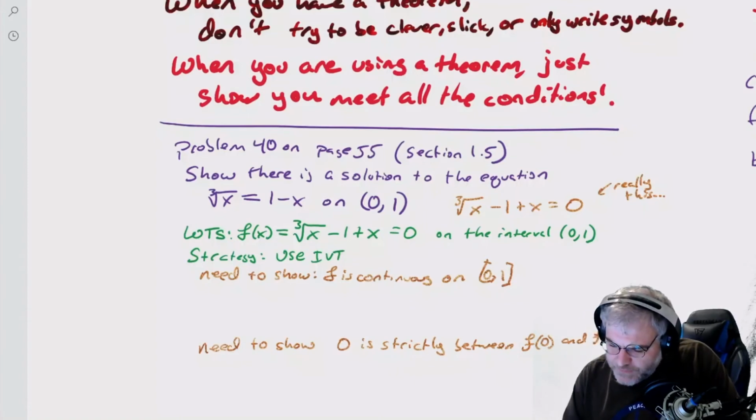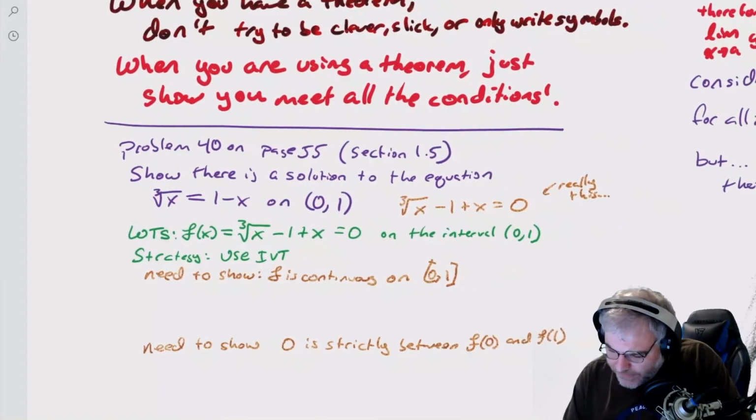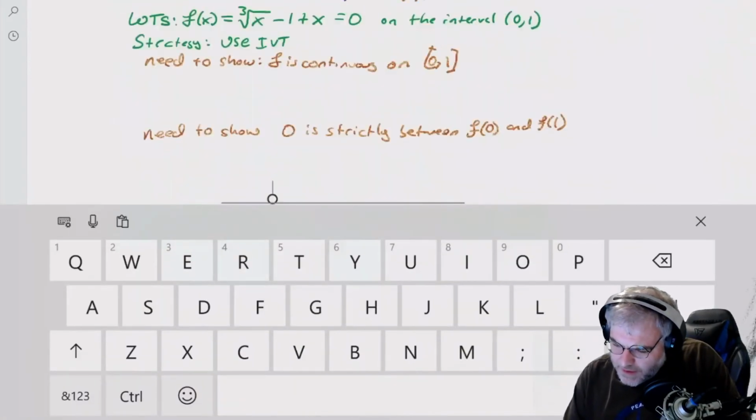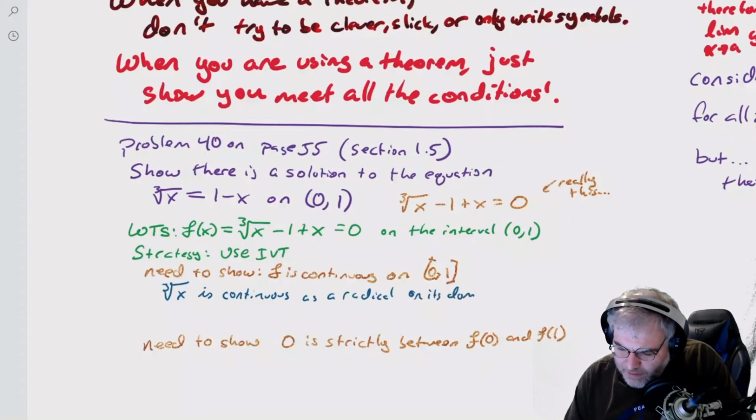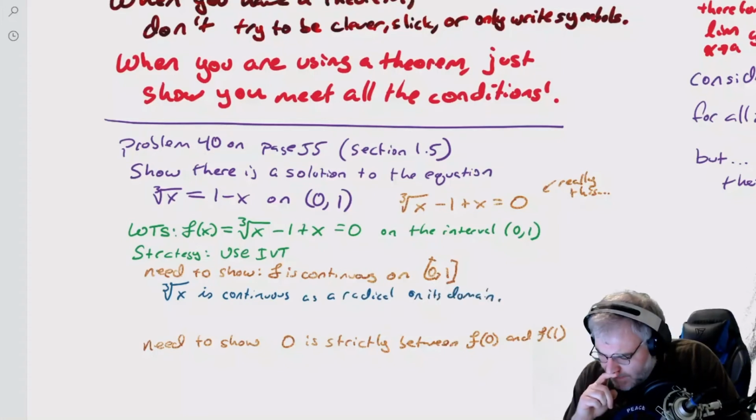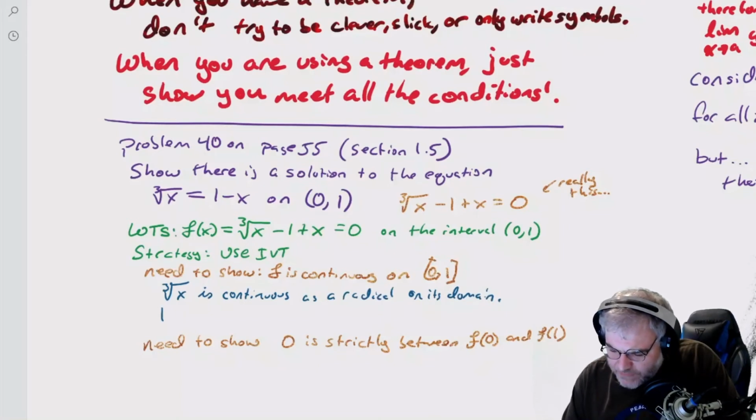Okay, so for this first part, what I'm going to say is the following. Cube root of x is continuous as a radical on its domain. And 1 minus x is continuous as a polynomial.